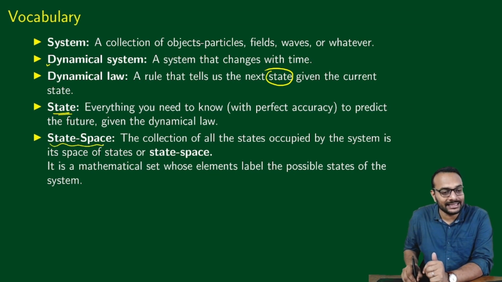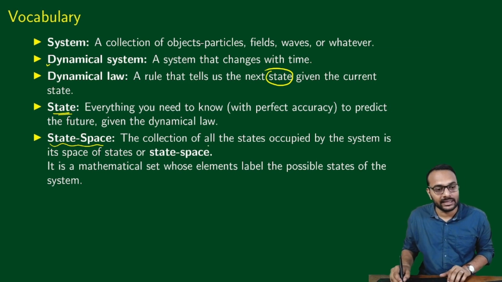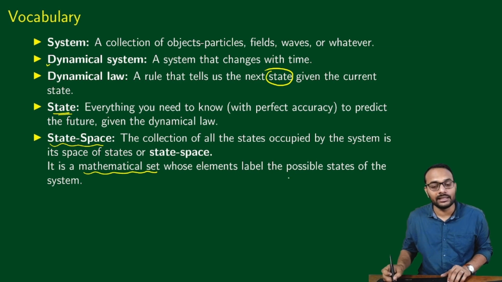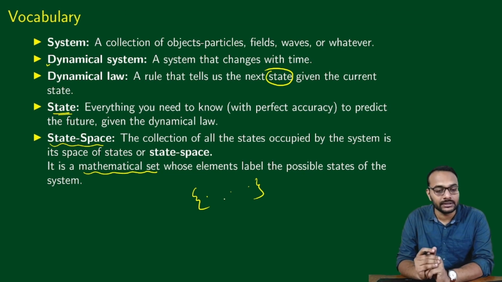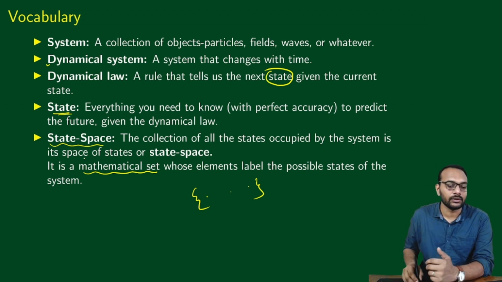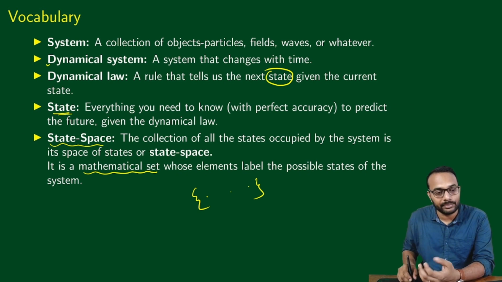So here, by state space, we mean the collection of all the states occupied by the system. It's a mathematical set whose elements label the possible states of the system. Each element in the set is a possible state of the system. We call this the state space, or space of states.